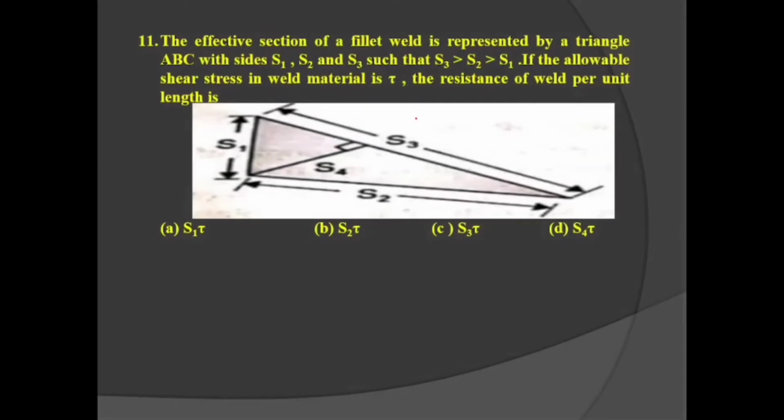Okay, so our 11th question is: the effective section of a fillet weld is represented by a triangle ABC with sides S1, S2, S3 and S4, such that S3 is more than S2 and it is more than S1. If the allowable shear stress in the weld material is tau, the resistance of weld material per unit length is... Obviously, my dear students, the welded structure always fails through this particular section, and this section is called the throat plane.